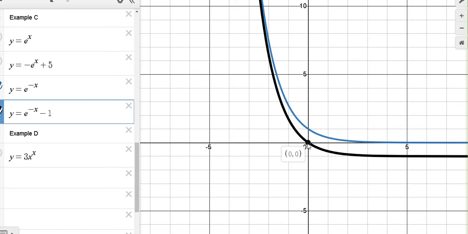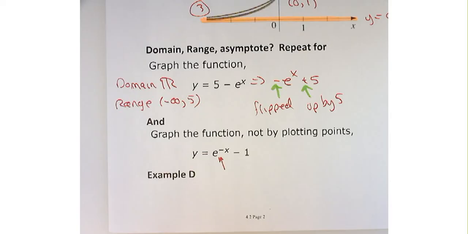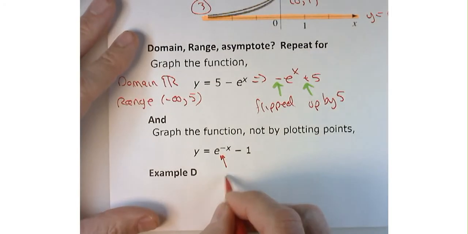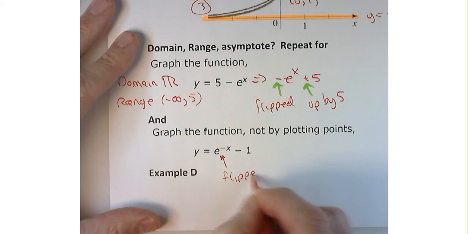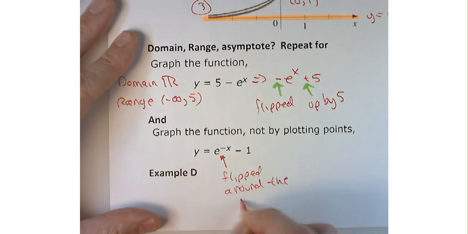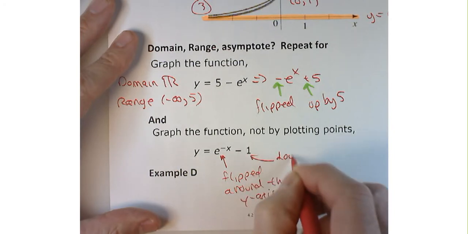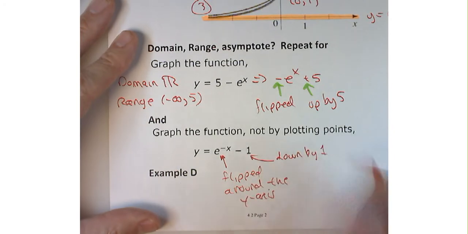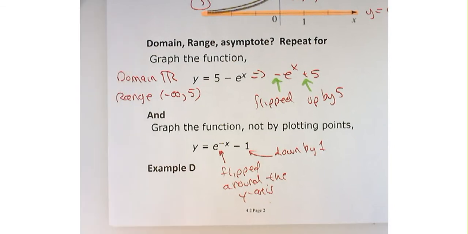So flipped around the y-axis and shifted down by 1. Flipped around the y-axis and down by 1.